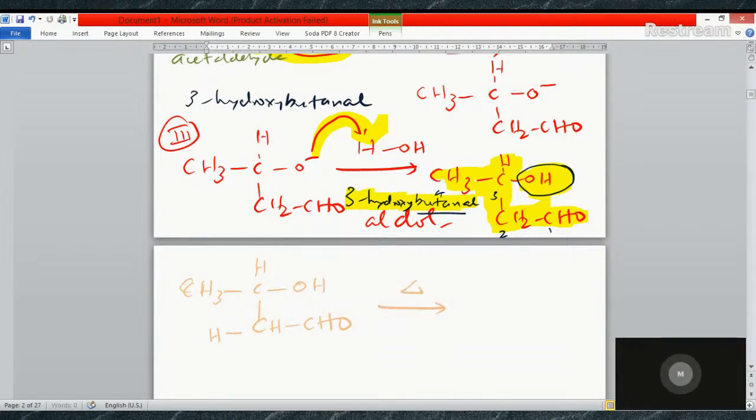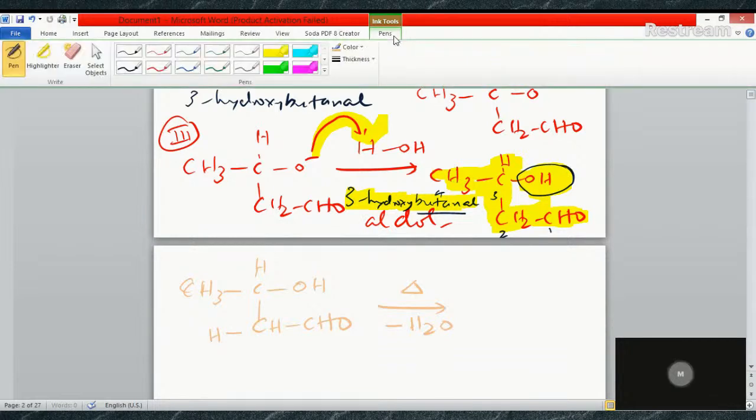This compound on heating, there is a removal of water, dehydration takes place. You know what is called dehydration? This is the step called the dehydration step.